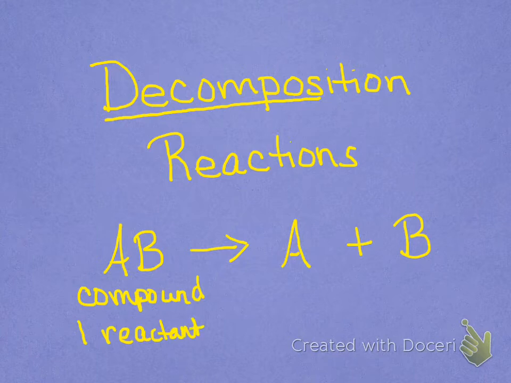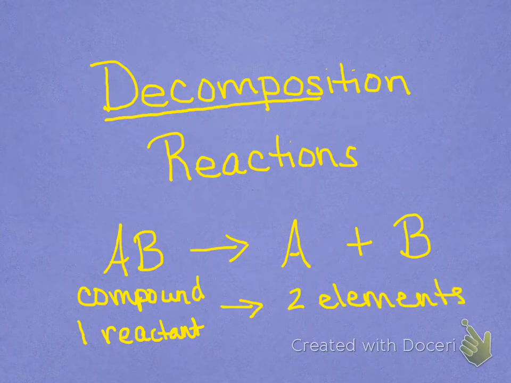And that reactant then is breaking down to form two elements, or sometimes two simpler compounds. But it's always one reactant to form two products.